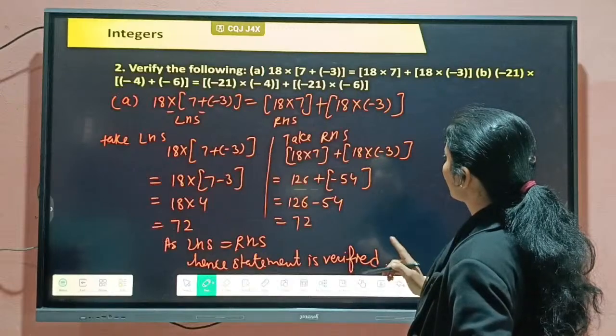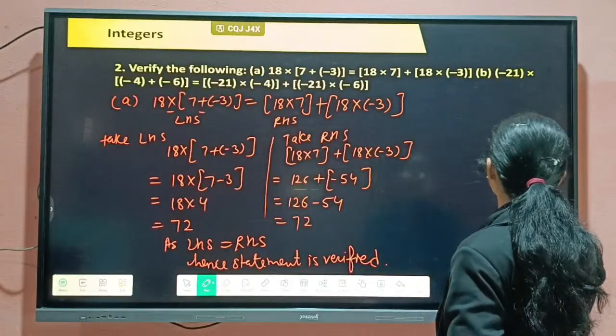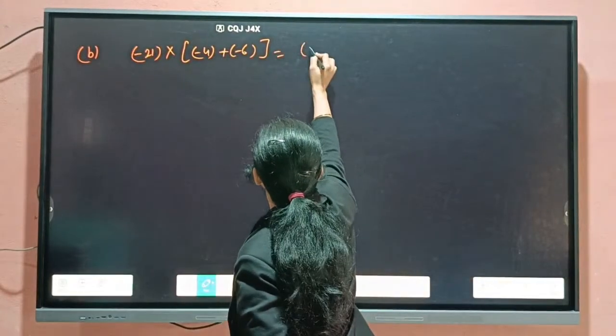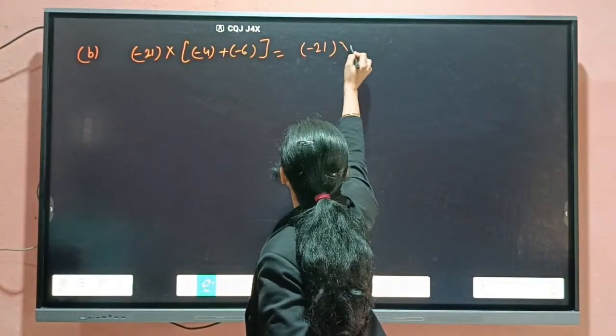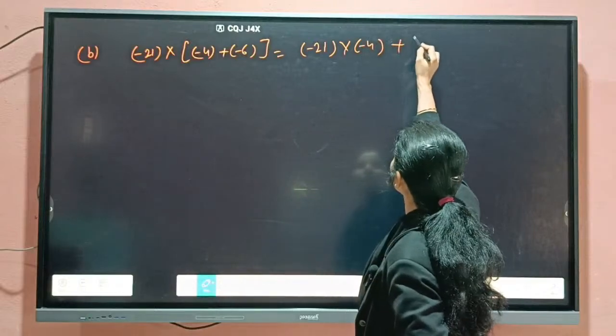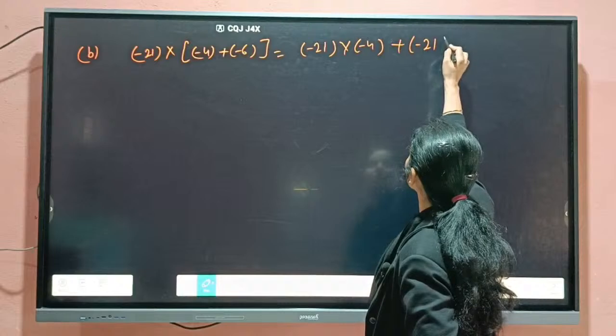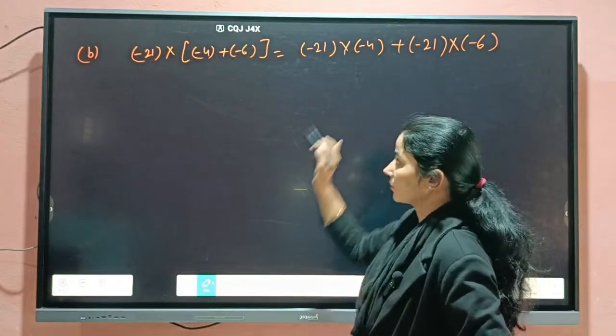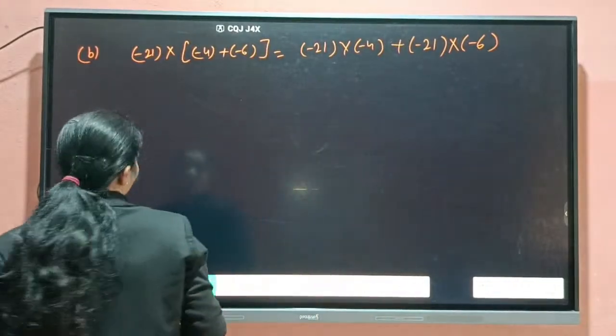Then it should be multiplied, minus this. It is minus 21 multiplied with minus 4 and then plus minus 21 multiplied with minus 6. This is the statement we need to verify.